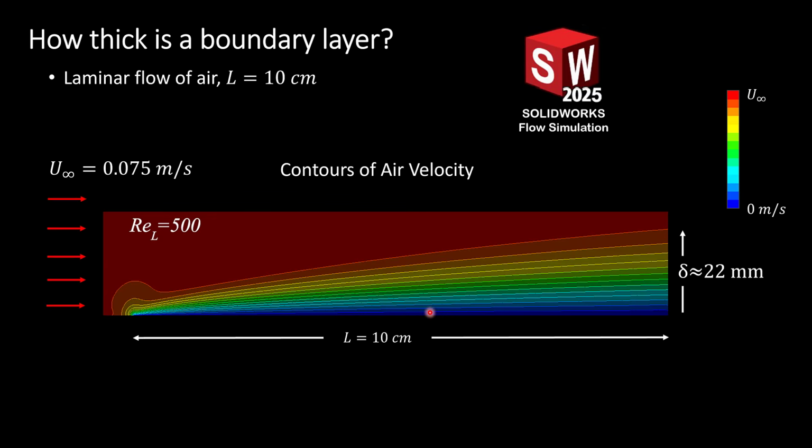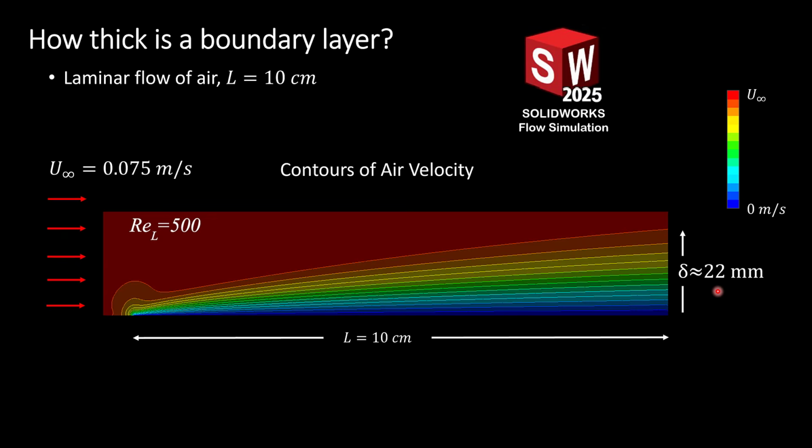So blue is 0 at the surface and red is the free stream velocity. The results in this image are for a free stream velocity of just 75 millimeters a second. So that's a relatively slow flow, which happens to correspond to a Reynolds number based on the plate length of 500. At these conditions, the boundary layer thickness at the end of the plate is about 22 millimeters.